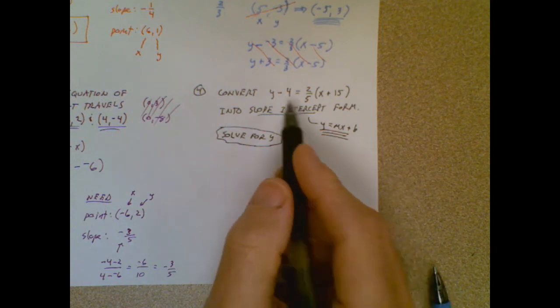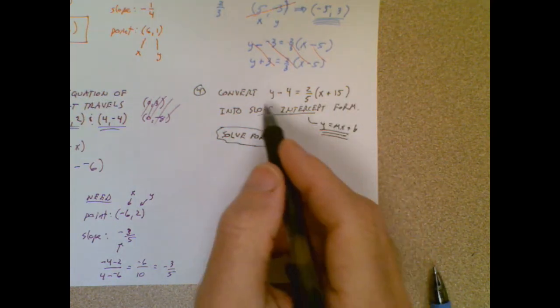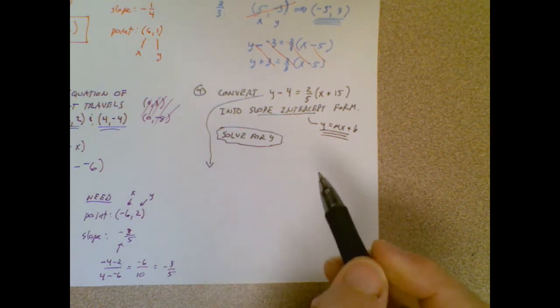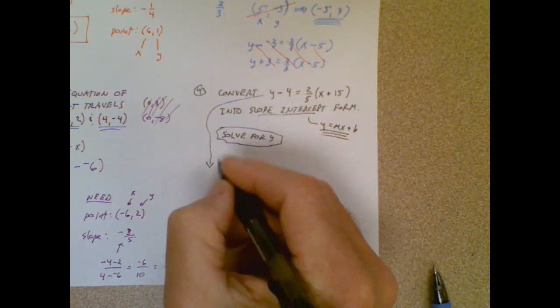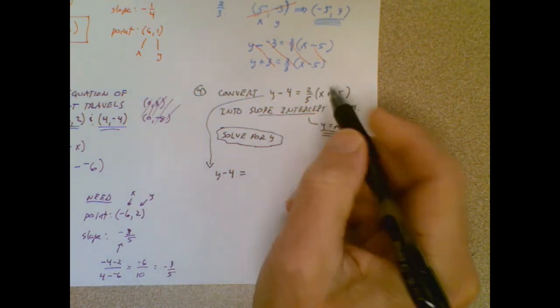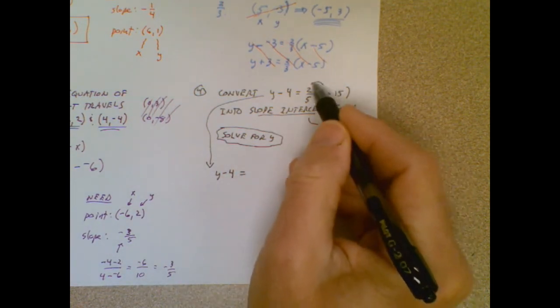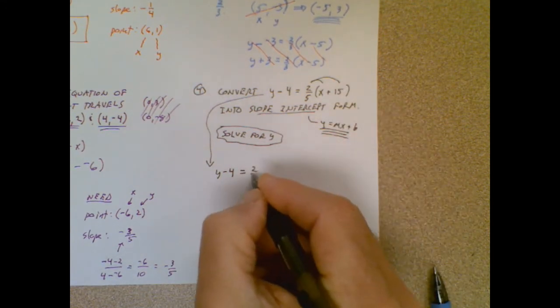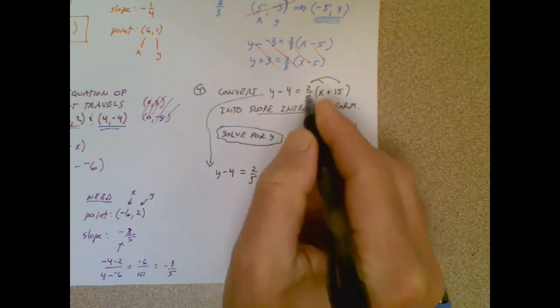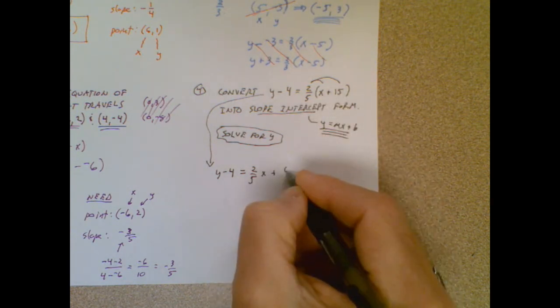So I'm going to go ahead and take this equation, and I'm going to solve for y. On the left-hand side, for my first step, I'm not going to do anything special. On the right-hand side, I'm going to distribute the 2/5. 2/5 of 15 is 6.